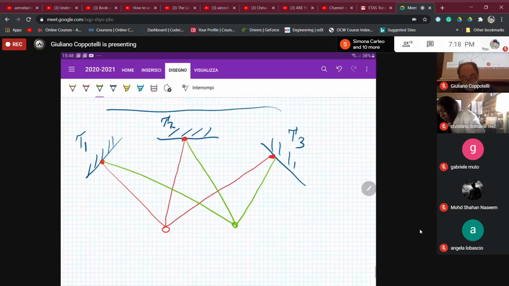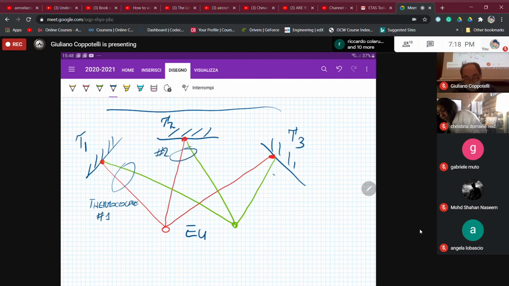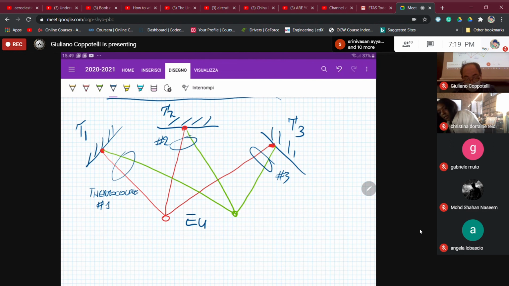What we have is three thermocouples: thermocouple number 1, number 2, number 3, but they are organized so that they are in parallel with respect to the unknown measuring temperature.